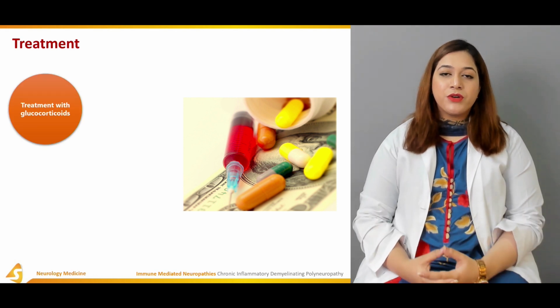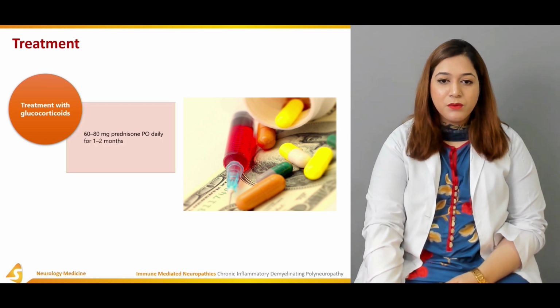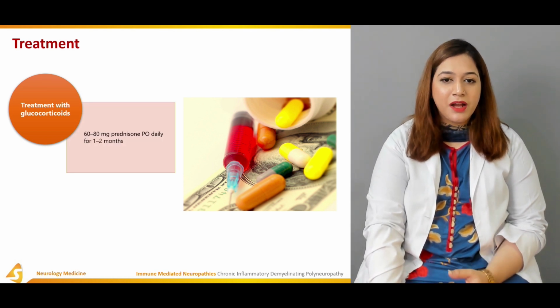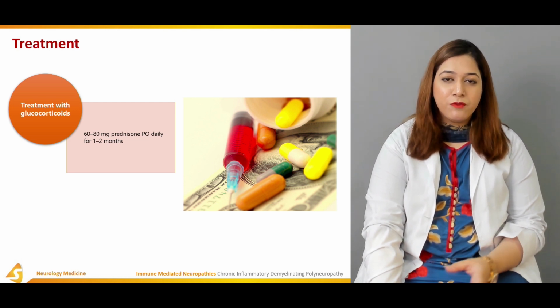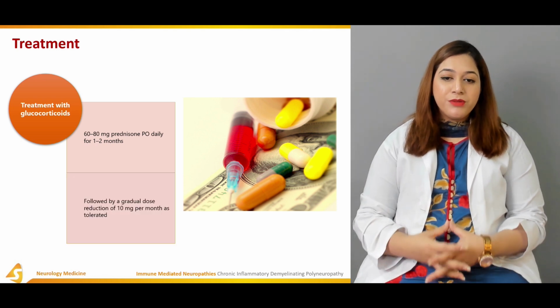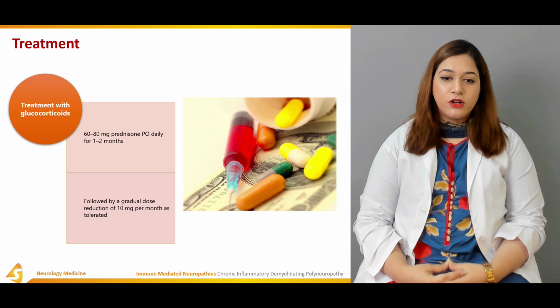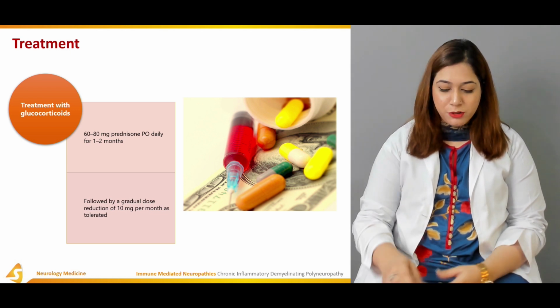Treatment with glucocorticoids has also been effective in case of CIDP, starting with a dose of 60 to 80 milligrams of prednisolone. It is given orally daily for around 1 to 2 months, and then followed by a gradual dose reduction of 10 milligrams per month as tolerated by the patient.